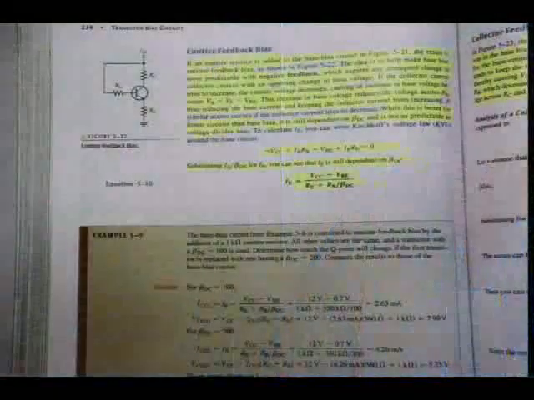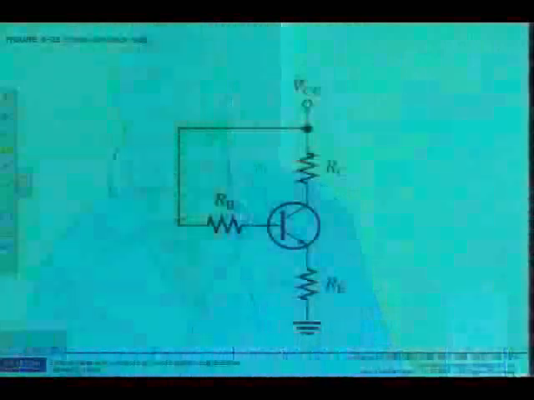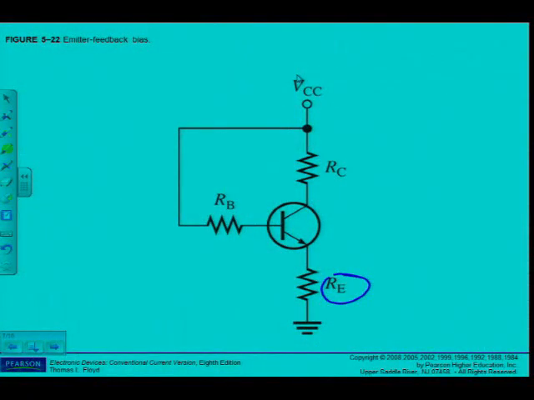Alright, the next one on page 234, emitter feedback bias. Now if we go and look at the circuit in figure 5.22, you can see that it looks very similar to the base biasing circuit, except, what do I have here? I have a resistor at the emitter. Now that changes everything.